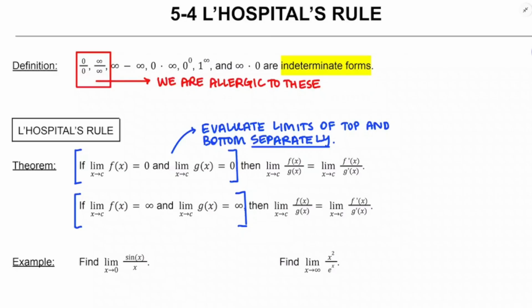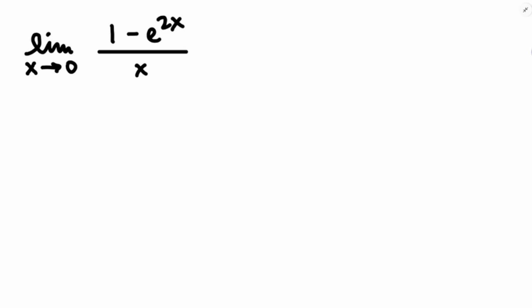Okay, so I'm going to show you what I mean by going back to that original motivating example. All right, if I look at this fraction, as x approaches 0, both the numerator and denominator are also approaching 0. So I'm going to point that out. Okay, so that'll be the limit as x approaches 0 of the numerator.